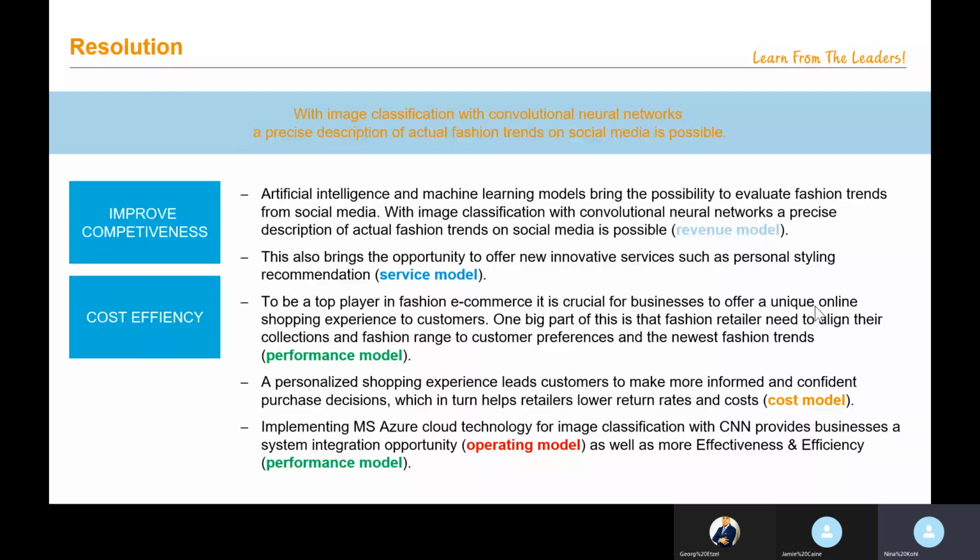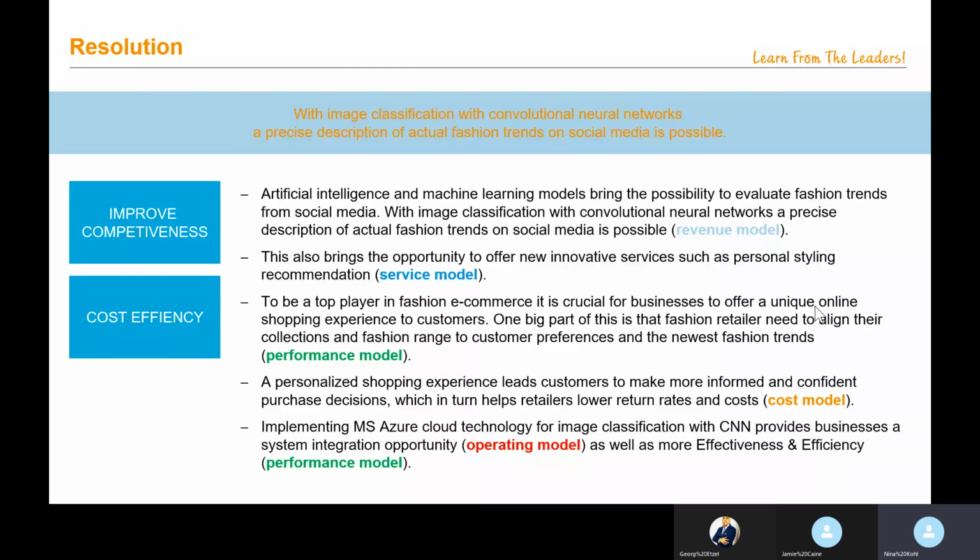It can optimize your cost model, because a more personalized shopping experience leads customers to make more informed and confident purchase decisions, which in turn helps retailers lower return rates and costs. And of course, implementing the Azure cloud technology for image classification with convolutional neural networks provides you a system integration opportunity, as well as more effectiveness and efficiency, so optimizing your operating and performance model.